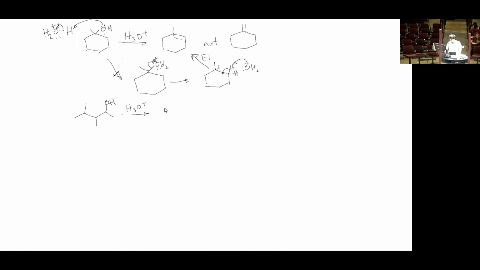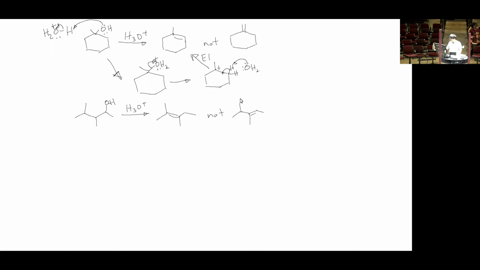But if you did the same thing with that, I hope that you guys can convince yourselves that you'll get a rearrangement, and you'll get a product that looks something like that, as opposed to that. So that would be something good for you guys to work out on your own.